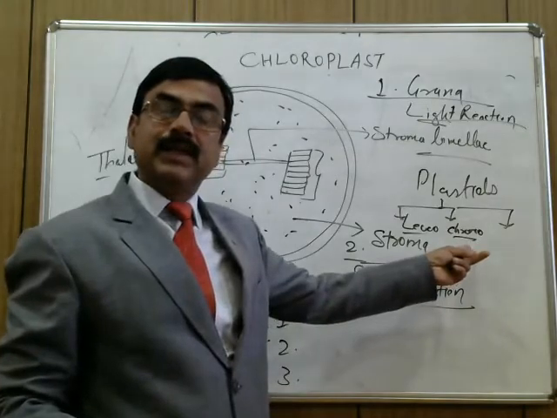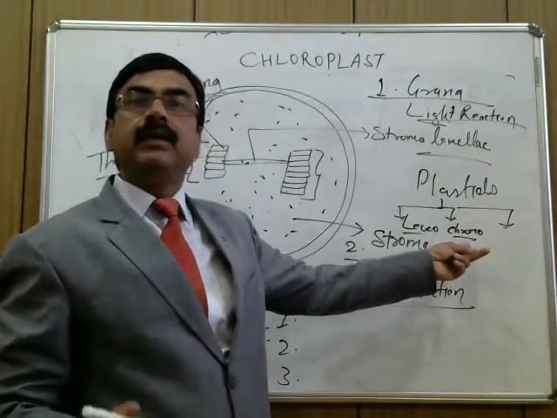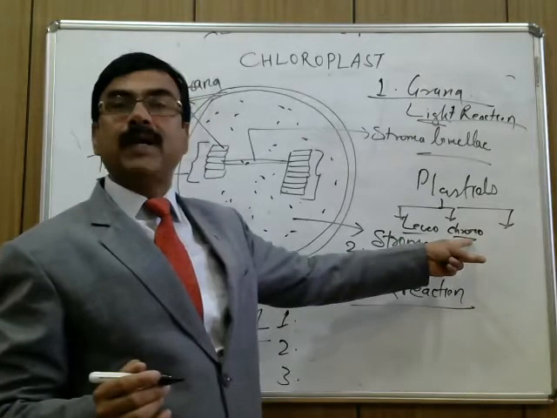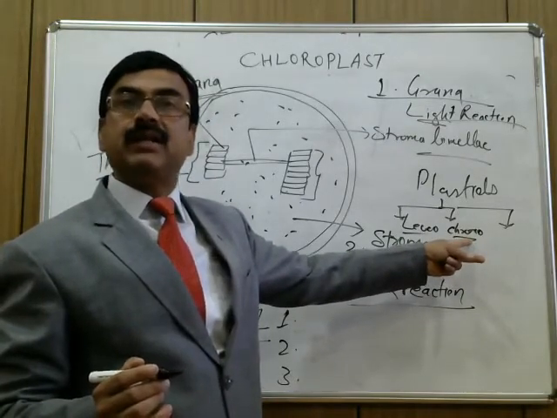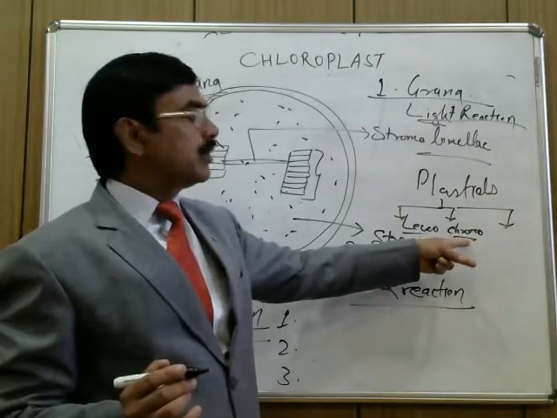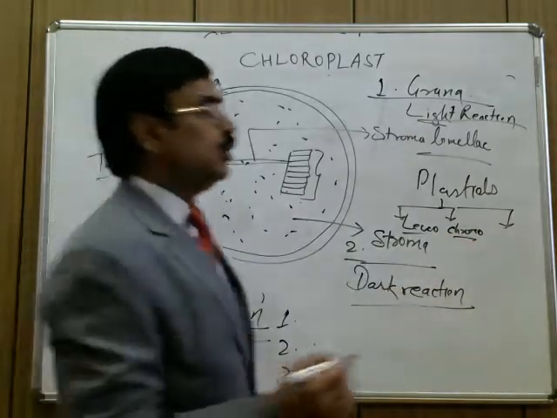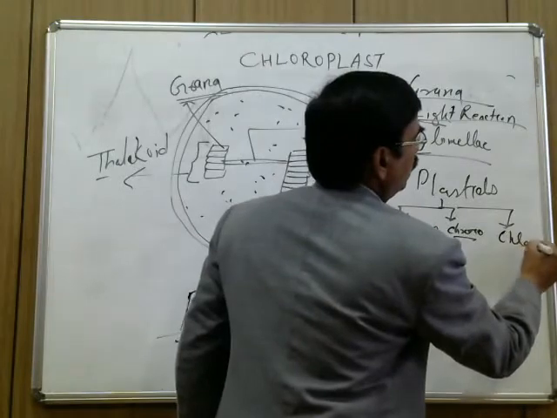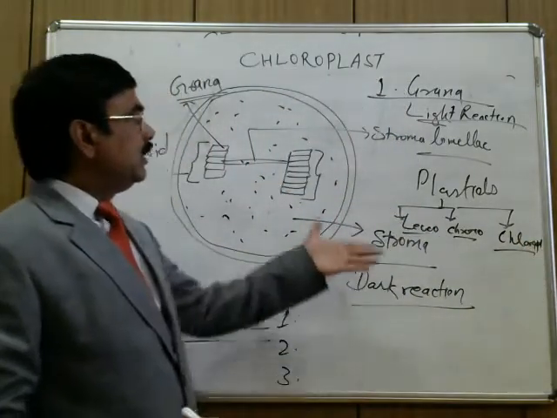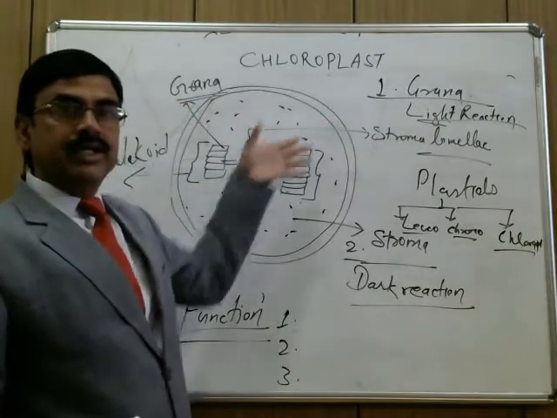Sometimes there may be a question: leucoplast, colorless plastid, contains no pigment. Chromoplast contains different colors of pigments, that is called chromoplast, and another one is chloroplast. So I explained about the chloroplast in detail.